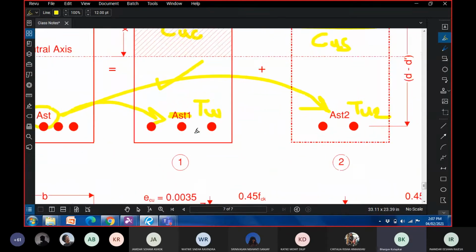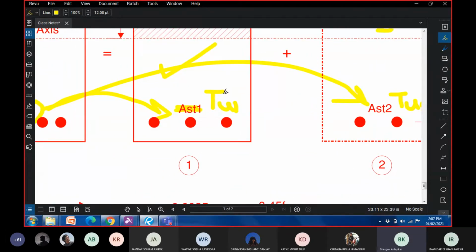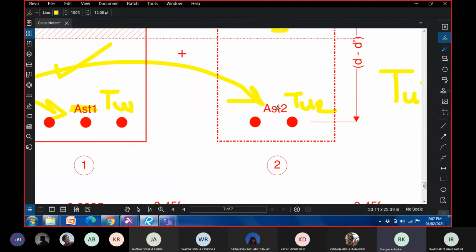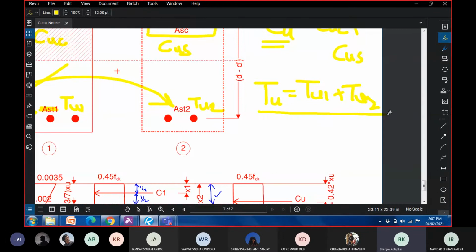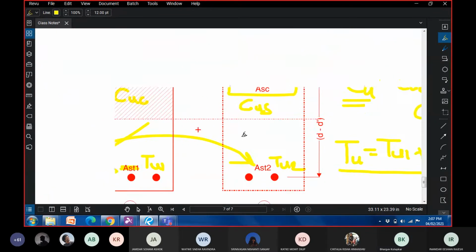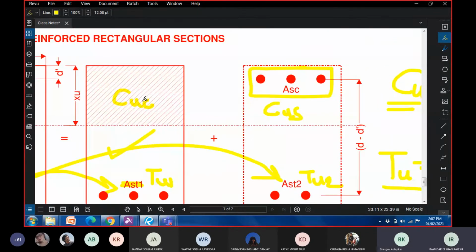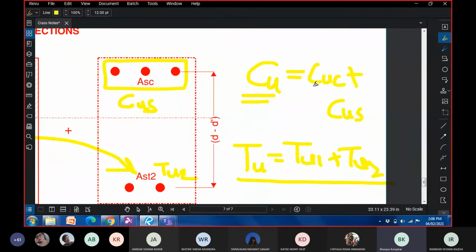The tensile force in AST1, let us say TU1, the tensile force in AST2, let us say TU2. Total tensile force is TU1 plus TU2. Both of them are tension. The compressive force in concrete, let us say CUC. C stands for compression, U stands for ultimate, and C stands for concrete. The compression force in steel is CUS.